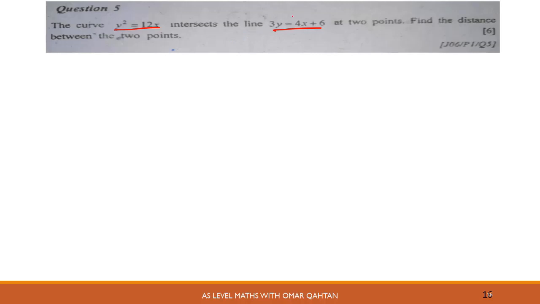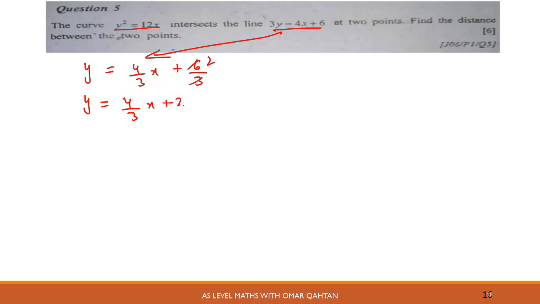Alright, so first convert this equation, make y the subject. So this equation will become 4 upon 3 x plus 6 upon 3, which will be y equals to 4 upon 3 x plus 2. Now I'll just substitute this equation into this curve.